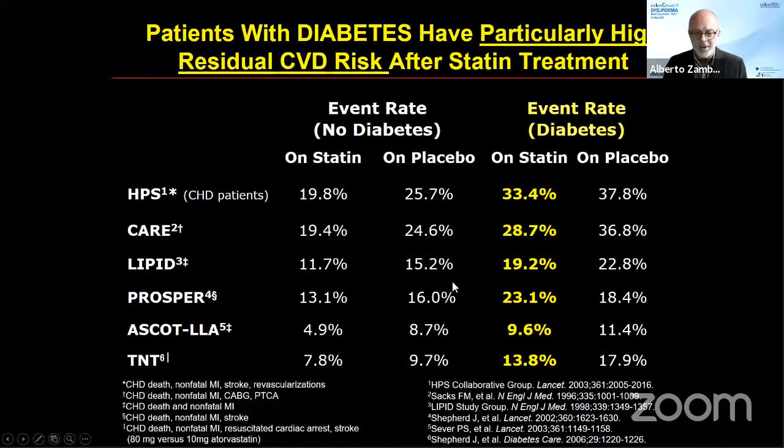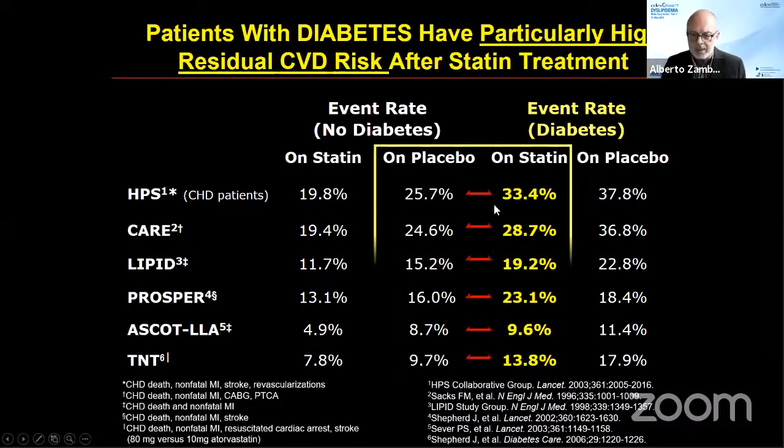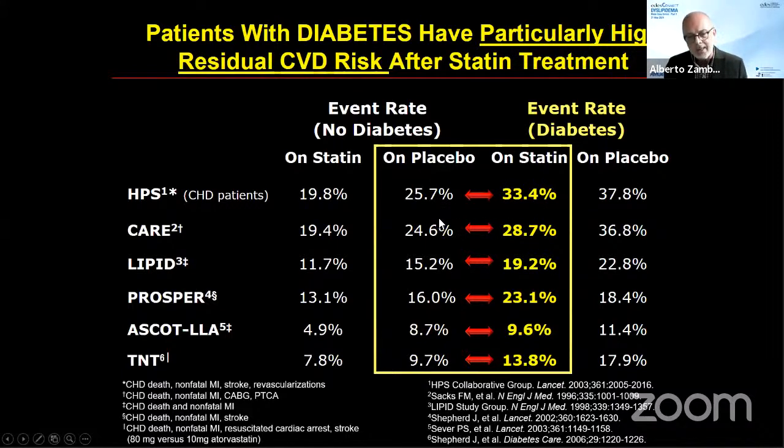Let me show you, in the very same trials, those without diabetes, treated with statins and with placebo. And as you can see here, in most of these trials, the level of events observed in those on statin therapy with diabetes was higher than in those with no diabetes who received no active treatment, which of course raises a lot of questions, the clinical events being relatively high.